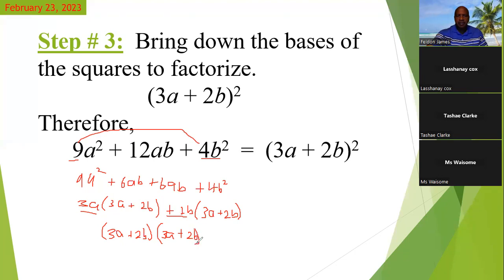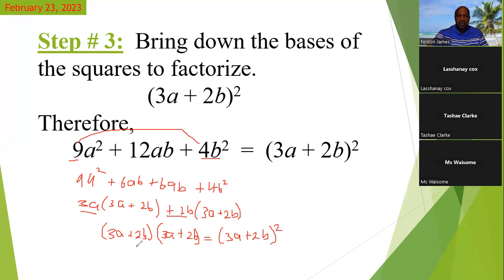Everybody see that? Which is the same as what? (3a plus 2b) all square. Everybody see that?